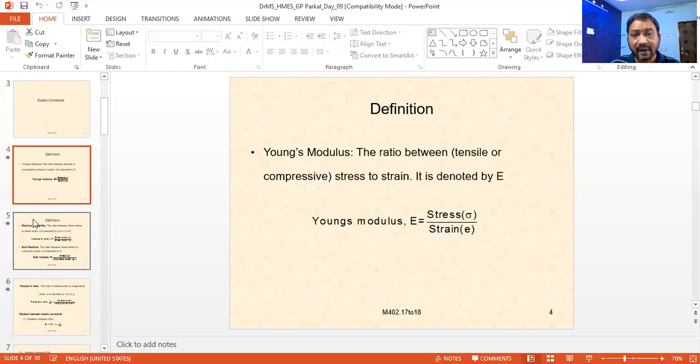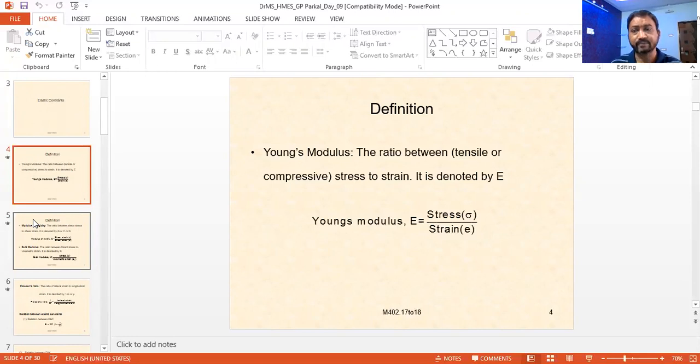Depending on the nature of the force, the body may be subjected to tension or compression, and accordingly it may be subjected to a tensile strain or a compressive strain, and this also leads to the development of tensile stress or compressive stress. Whenever it is subjected to a tensile force, the length will increase, and the strain and stress are considered to be positive.